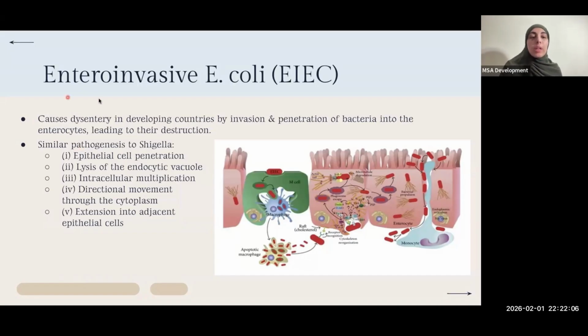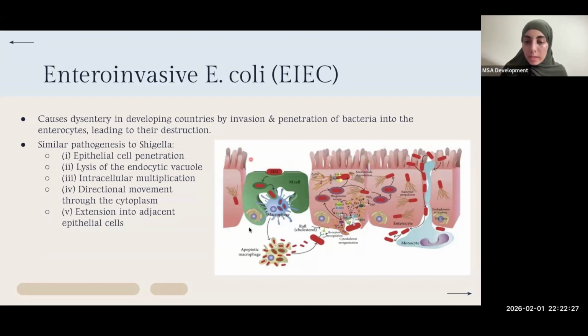A similar thing is happening here with the enteroinvasive E. coli. It has a similar pathogenesis. So the E. coli will penetrate into the enterocytes, it will cause lysis, and it will divide inside the cells, eventually destroying these cells and also extending into adjacent cells.